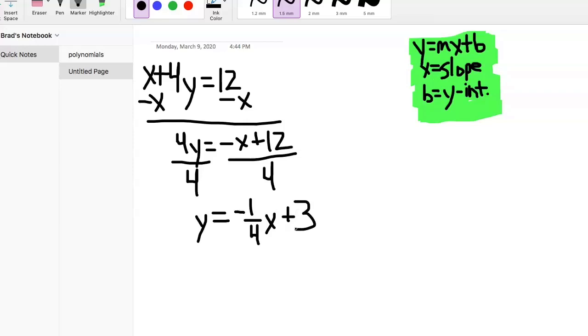So there's our first answer. If they wanted the slope, it's negative 1/4. If they wanted the y-intercept, that's 3. Those are the two possible answers you could be asked for on a problem like this.